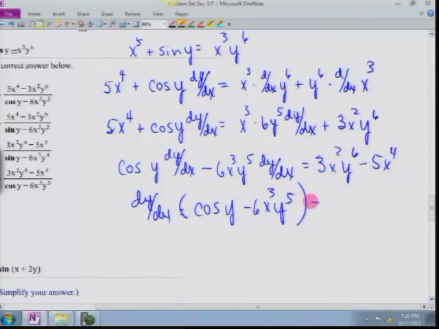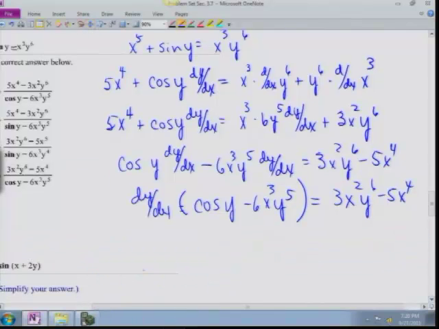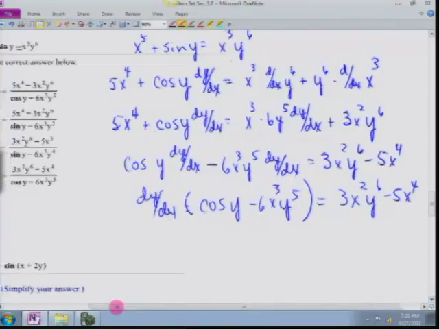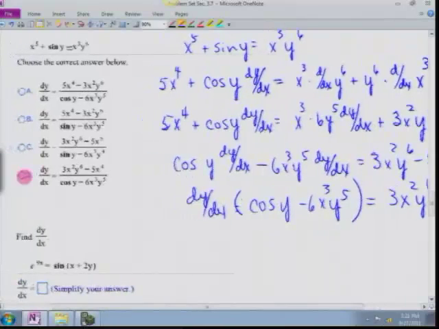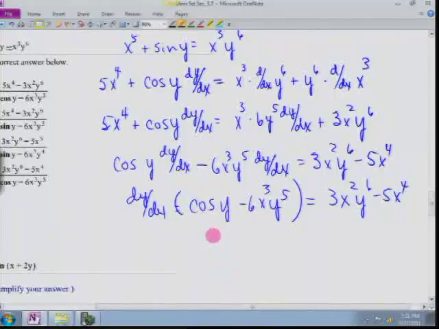See how many times I can write it. And can we see what the answers are? So which choice is that? This one. Okay. All right. We're good?